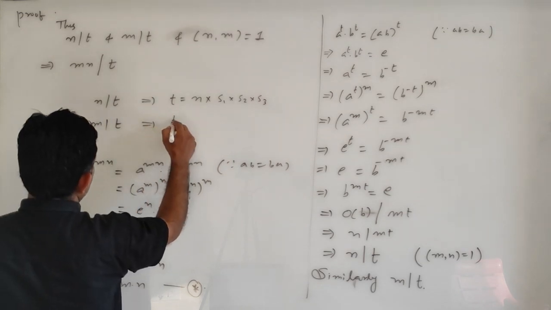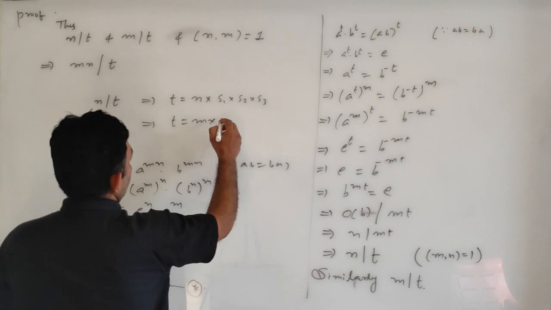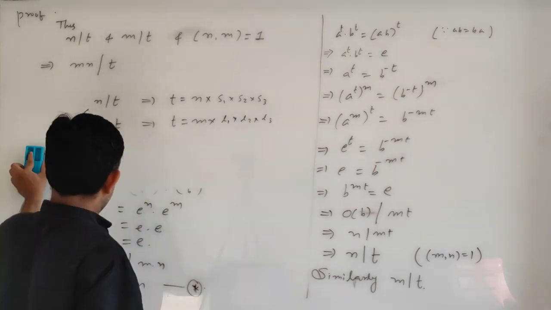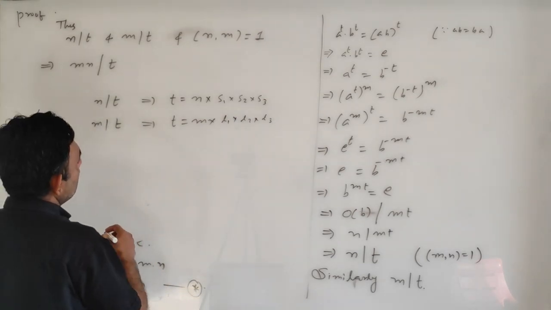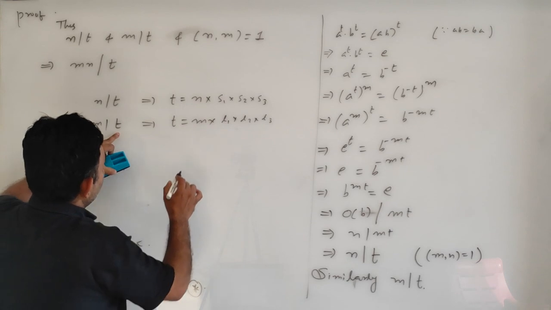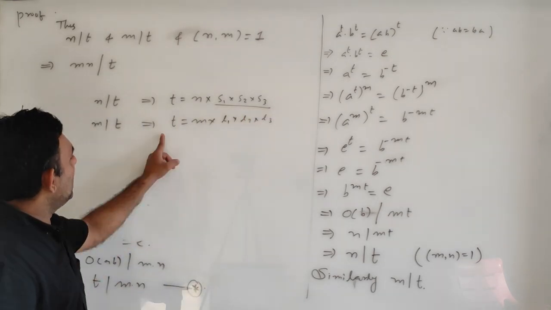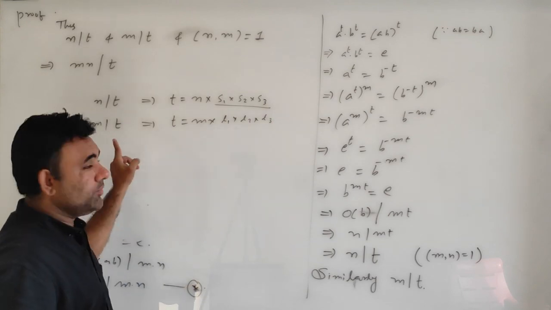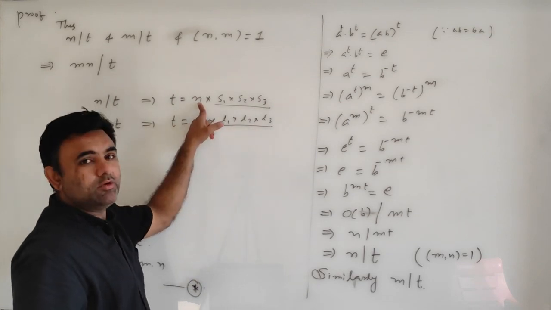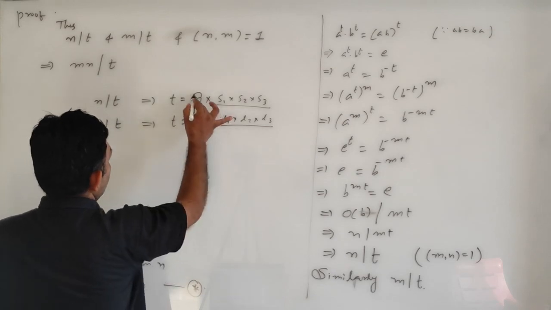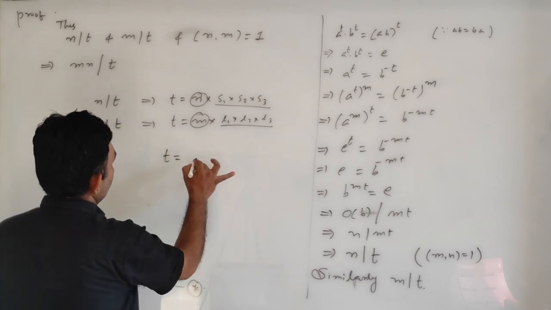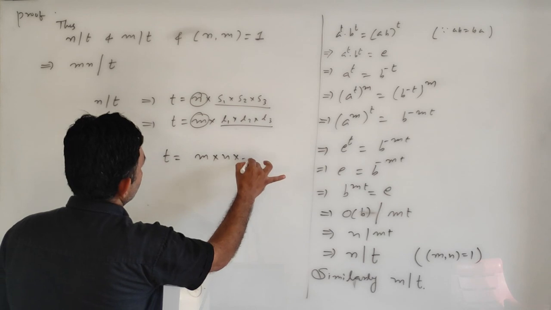So it means T can be written as M into some other factors, say L1 into L2 into L3, etc. Here M divides T, so one of S1, S2, S3 will be M, because M is a factor of T. And here some Li must be equal to N. So it means M and N both appear in the factorization of T. So T will be somewhere M into N into something.